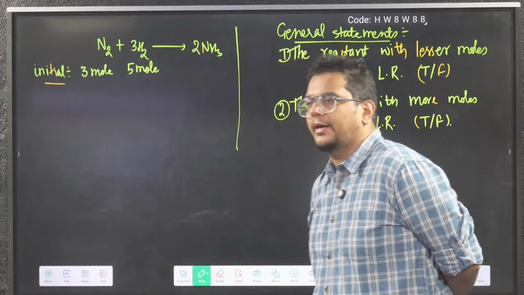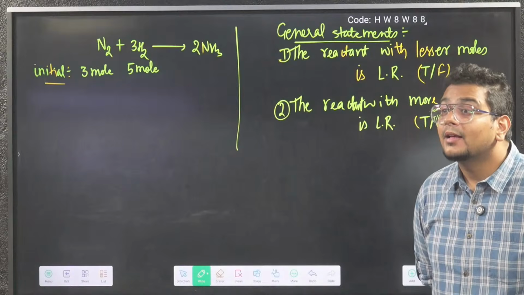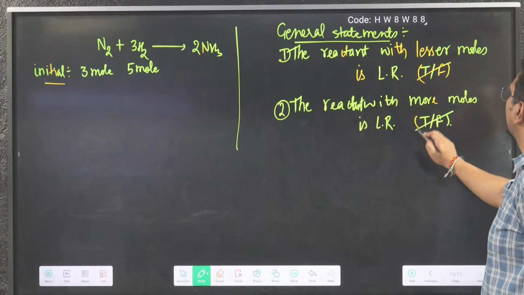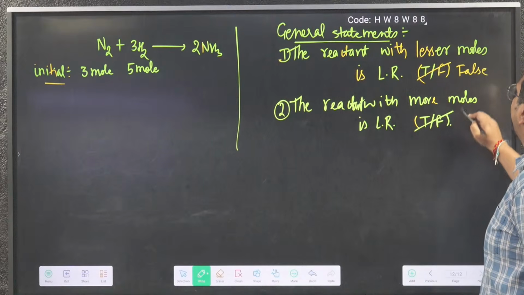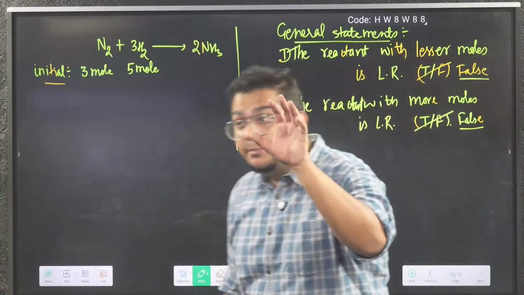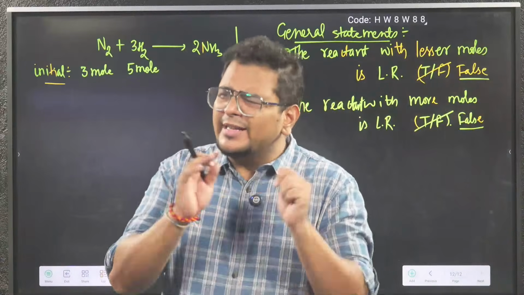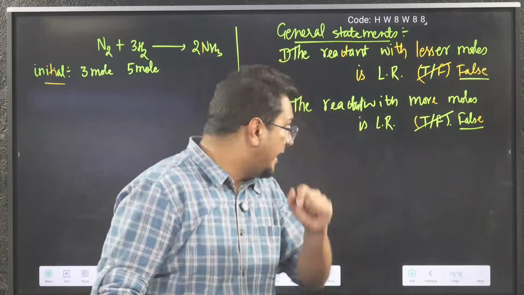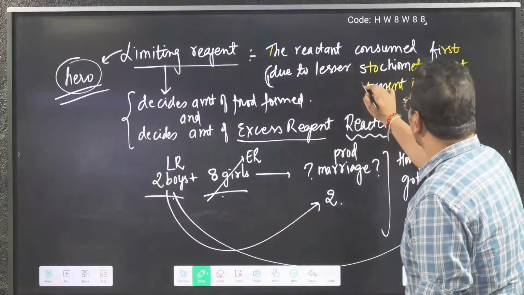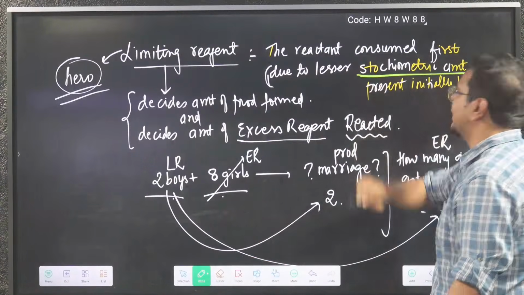Pranita, correct. So the reactant with lesser mole or more moles, I don't know. Any one of them can be the limiting reagent. So the number of moles alone will not decide the limiting reagent. That's why I gave in the definition the reactant with lesser stoichiometric amount.